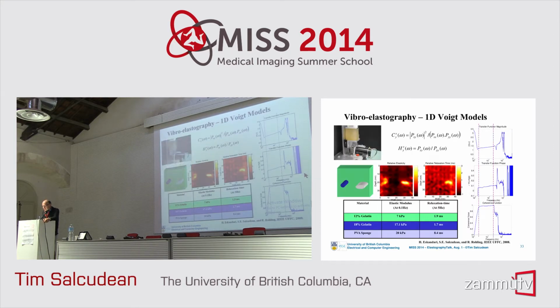So viscosity is important. Here we have a phantom which has a stiff enclosure and a stiff and more viscous enclosure. If you look at the images of transfer function through tissue, these two enclosures will exhibit different frequency response.